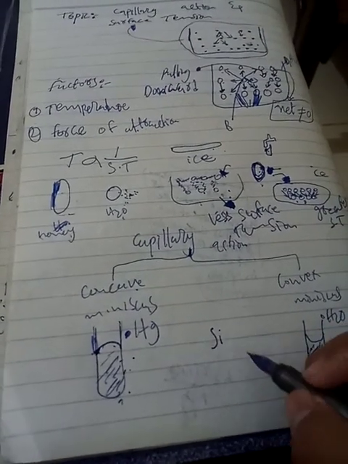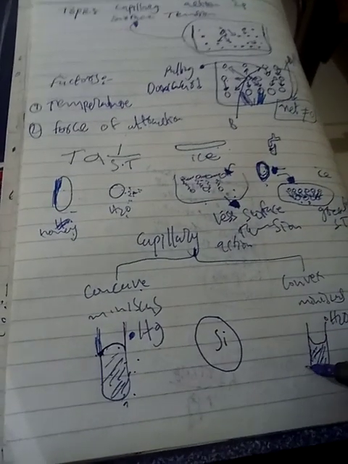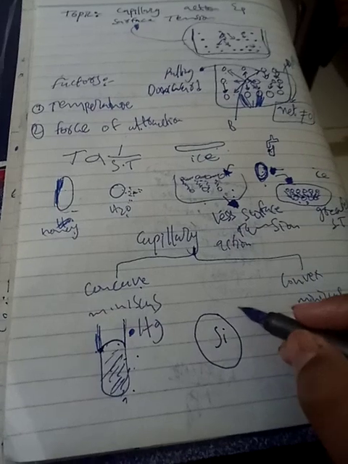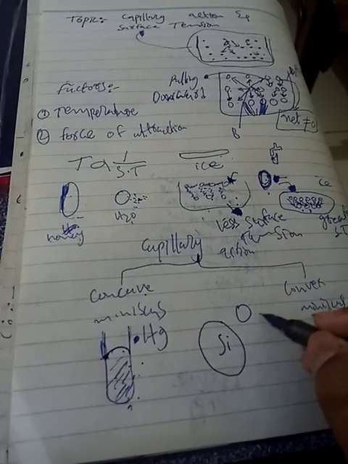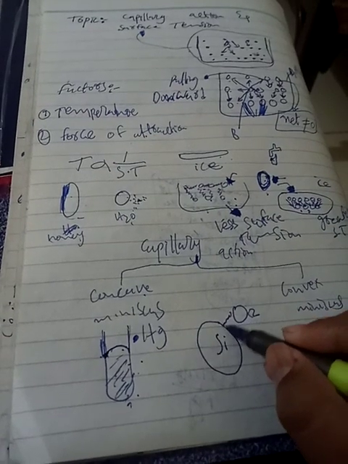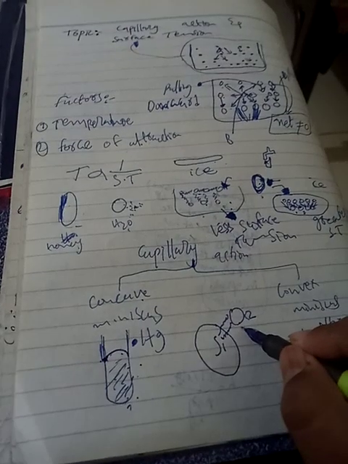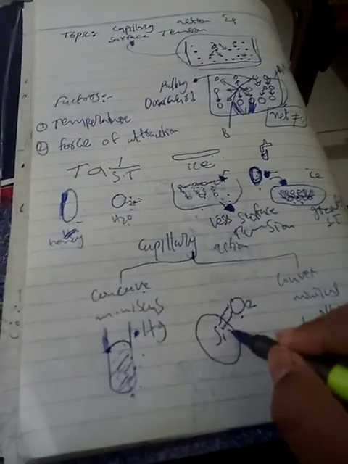For example, consider this Si molecule. When we have H2O in a beaker, the oxygen particle will try to gain electrons from the silicon, so it will try to attract the silicon molecule.